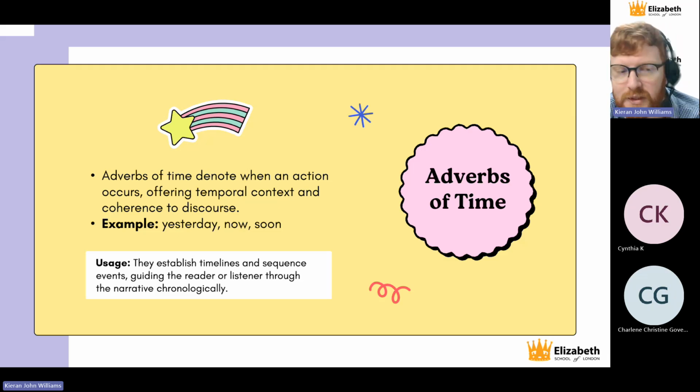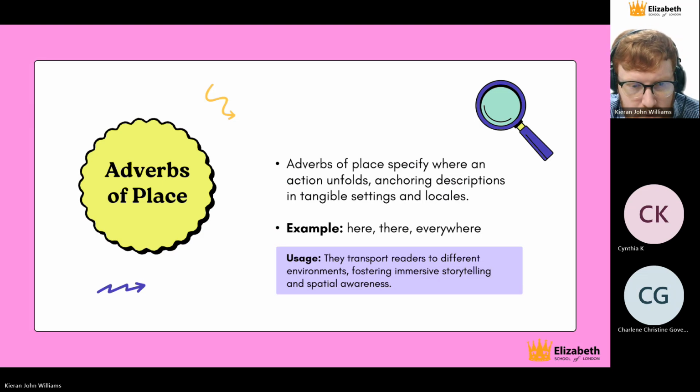Something was done yesterday, something is being done now, something will be done soon. These are adverbs of time. We can also have an adverb of place. It is happening here, it is happening there, it is happening everywhere. It describes the place where the action is happening.